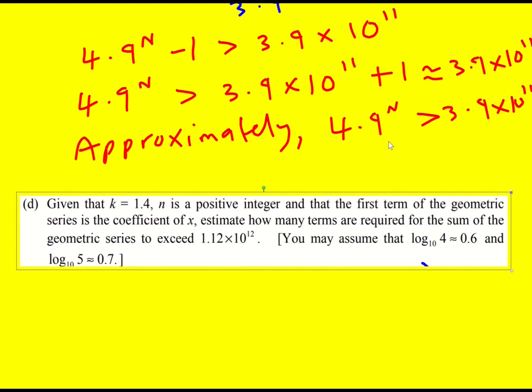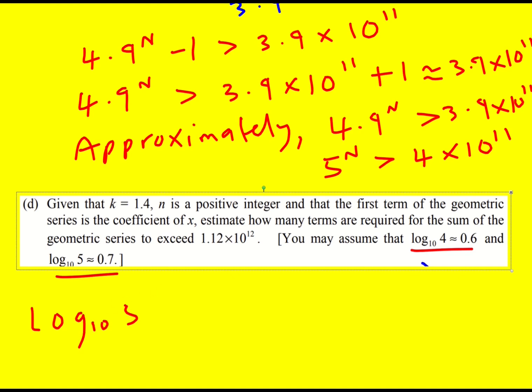It's actually going to be 5 to the n is bigger than 4 times 10 to the 11. So now I can use these two. Log to base 10 of 5 to the n is going to be bigger than log to base 10 of 4. Again, this is all approximate, but we're okay.